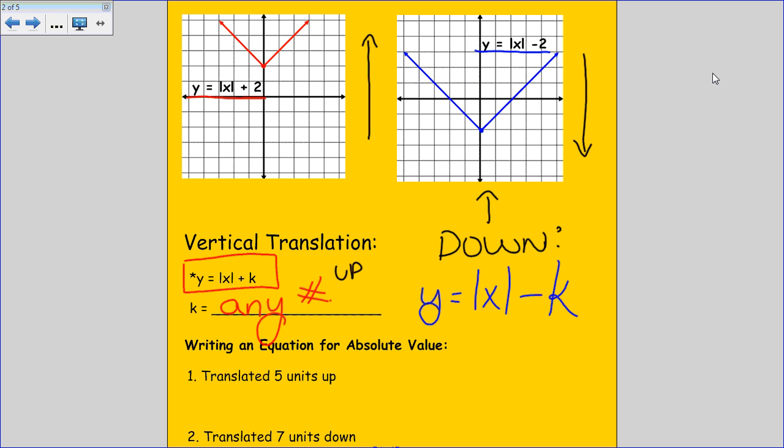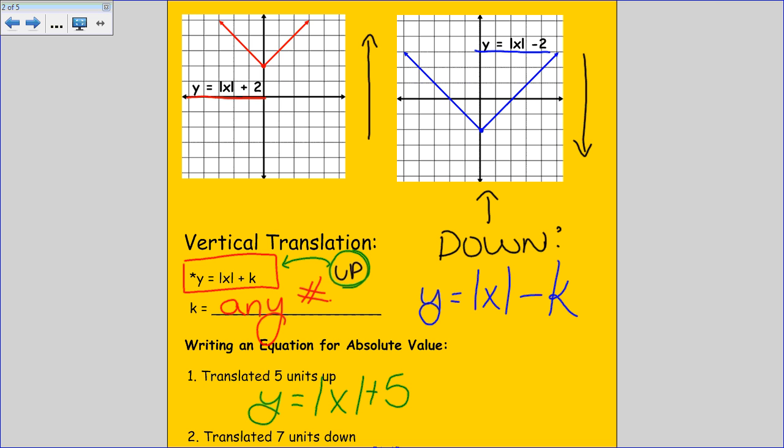So the first example that we have is writing an equation for the absolute value that's translated 5 units up. If we look up here, we have an example of what our formula should look like when it's translated up. So you would say y equals the absolute value of x, and since it's going up 5, it's going to be plus 5.